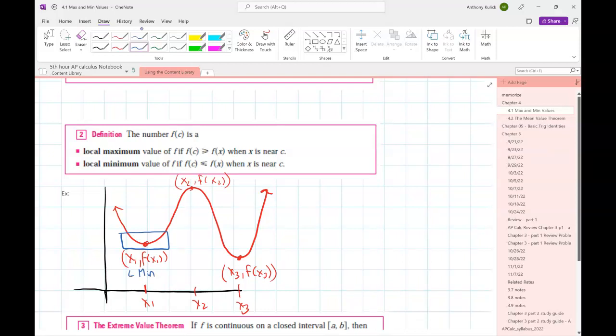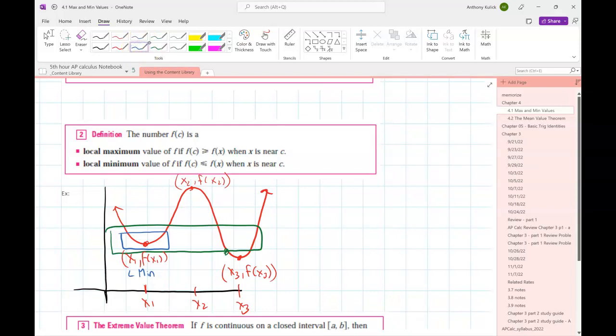But this is not a global or absolute minimum, because if I extend this out, there are some spots over here where the f of x's are lower. So it's just local, not global, or absolute, which is what our textbook is using.